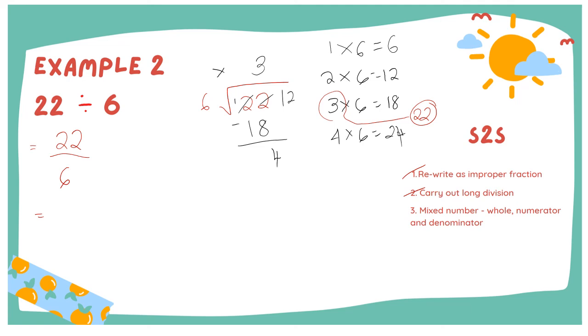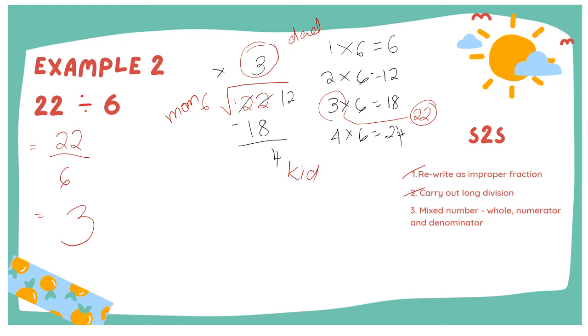Step 3, mixed numbers. So remember, this number on top is always the father. So we have the whole, which is the father. And then here, the mother is on the side. And here is the kid.